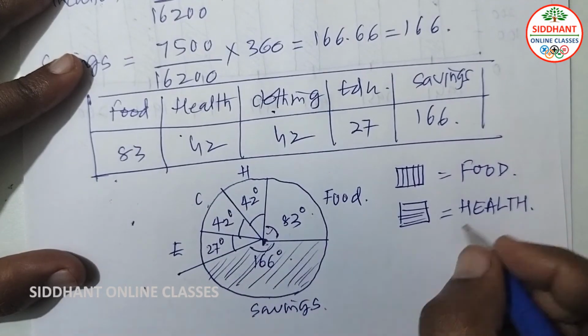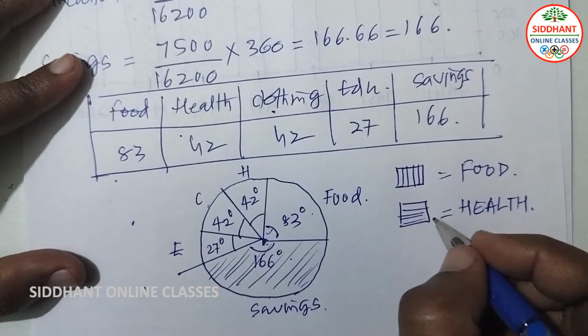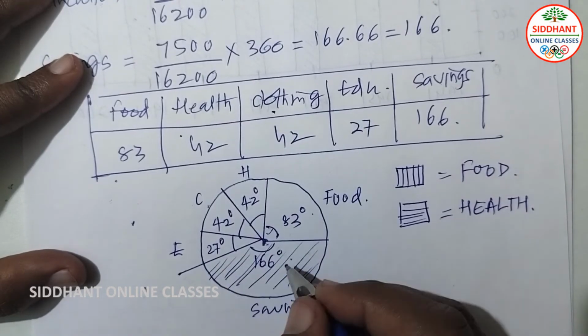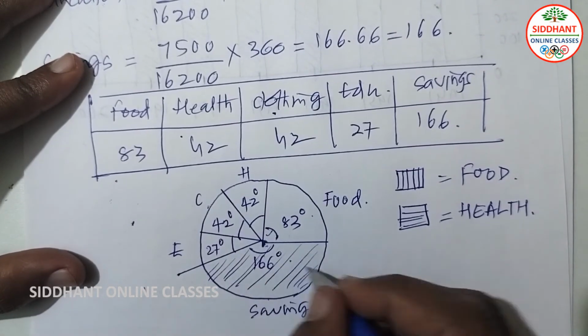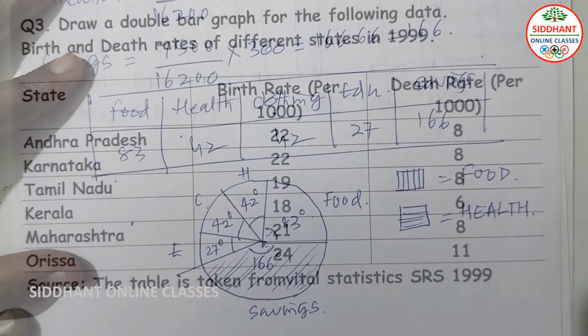In this way we can draw, or else add colors if necessary, or else add patterns here. So just to differentiate the pie diagram or read the pie diagram, we are going to add colors to the diagram here.